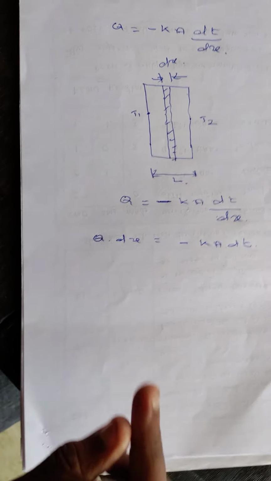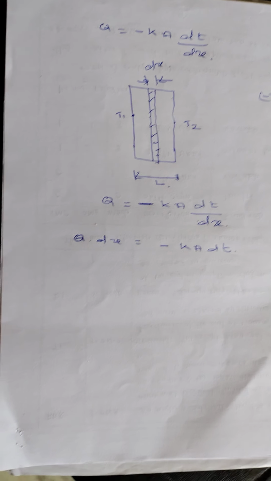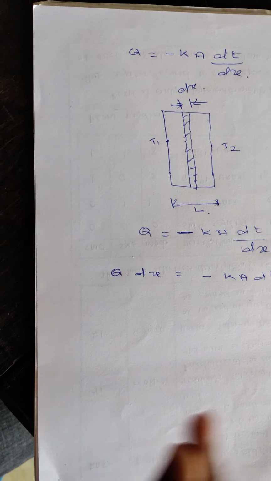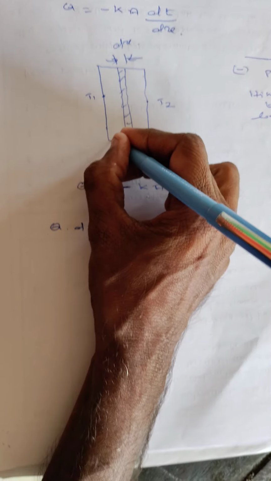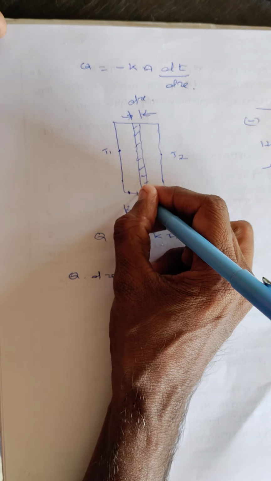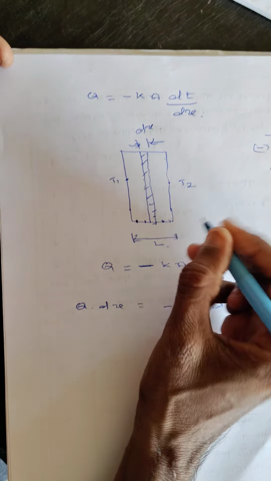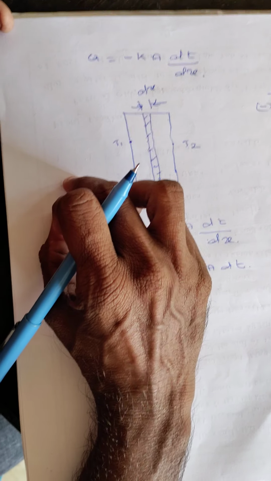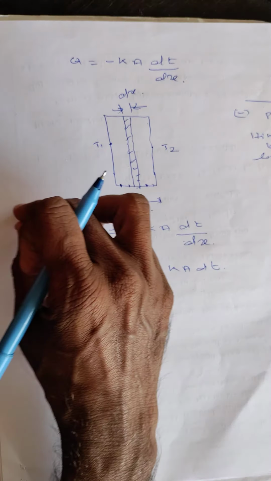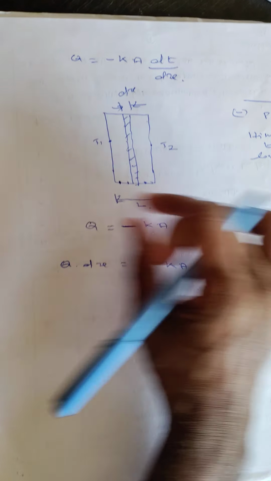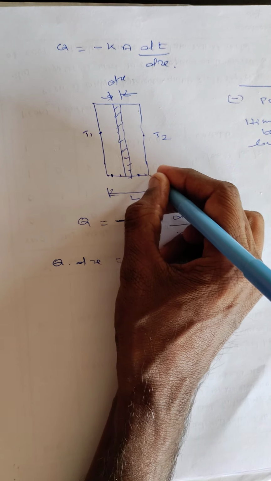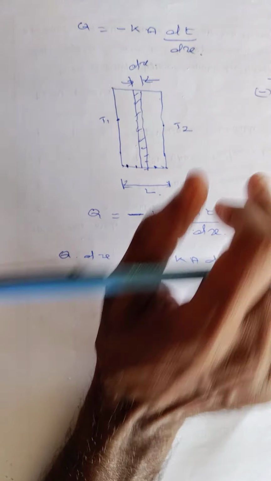Integration is used to find the average temperature. In the diagram there will be a temperature variation, but I need a constant value. The heat flow rate, the entire area from this point to this point, is what I am going to integrate.